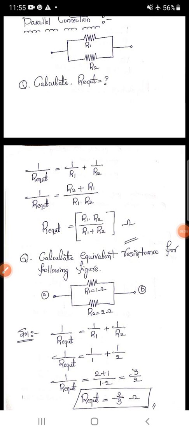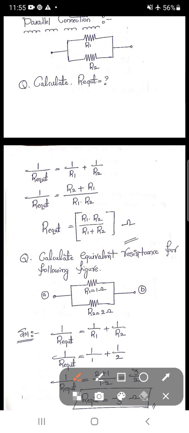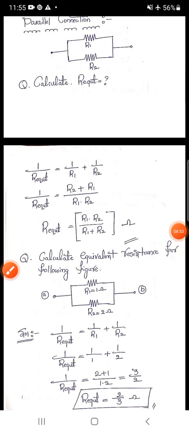So 1 by R equivalent is equal to 1 by R1 plus 1 by R2, which is 1 divided by the value of R1, which is 1, plus 1 by the value of R2, which is 2. By substituting these two values and simplifying, you will get R equivalent equal to 2 divided by 3 ohms. So this is about the series and parallel connection of resistances.